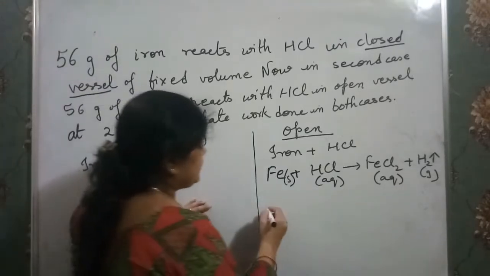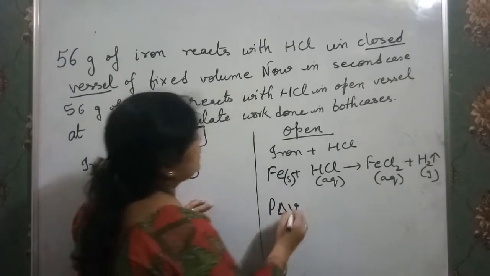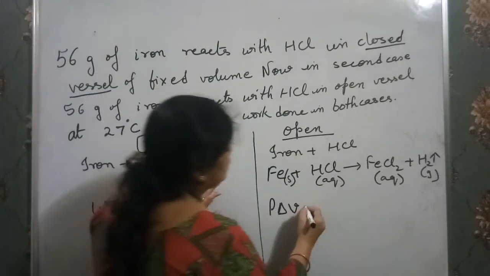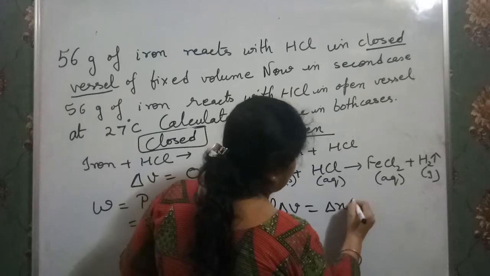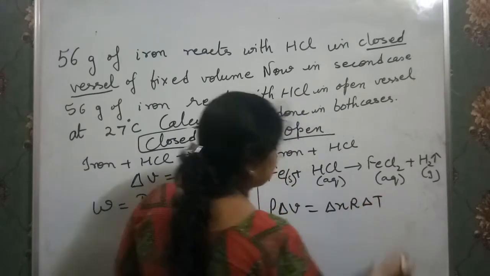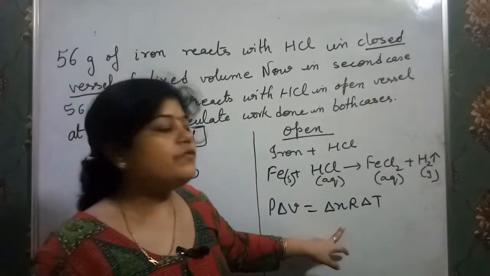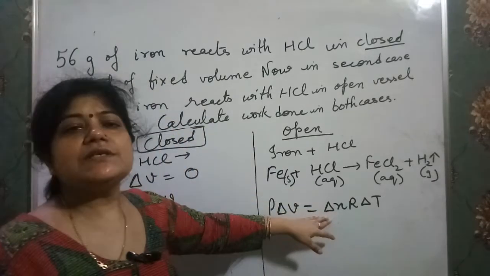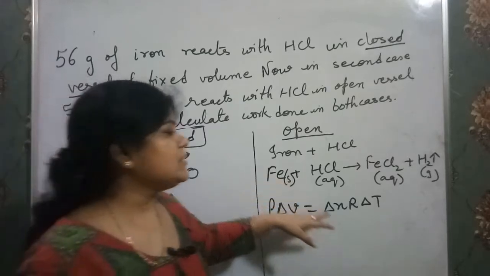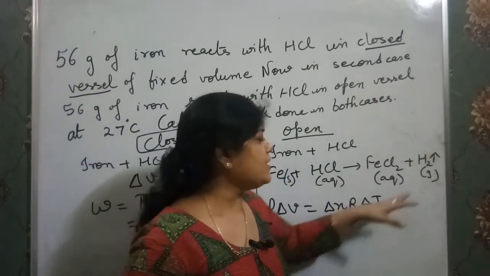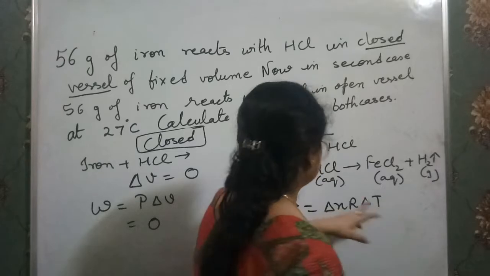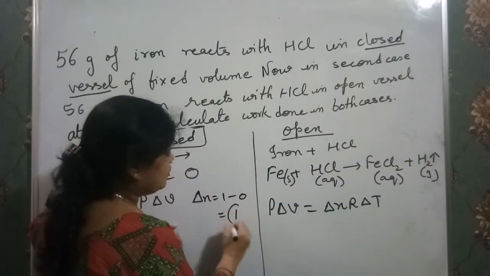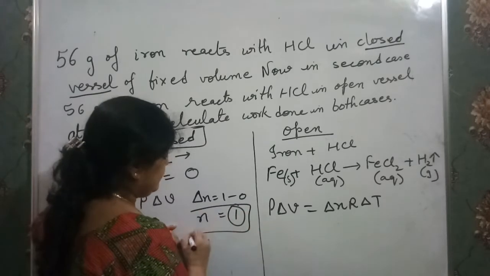Now as we know P delta V, because no pressure is given, no volume is given, we just convert it into delta n R delta T. Clear? And n is the number of moles. Here in number of moles we take only the gas state. So only hydrogen is a gas, so our number of moles is equal to 1 minus 0, that is equal to 1. This is the value of delta n.